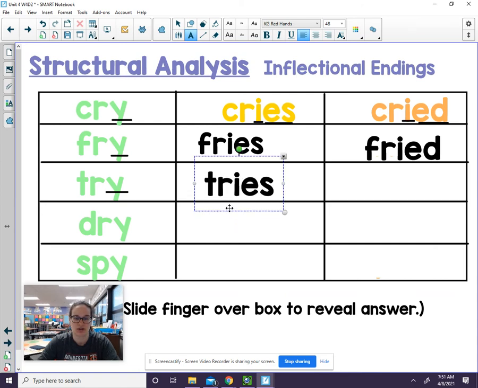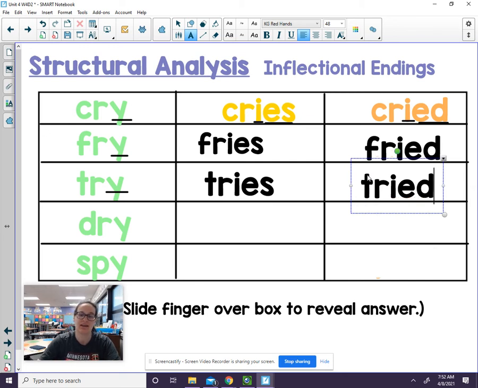So now the word is tries. If we want to make it tried, it's going to be TR. What letter should I put next? It should be an I and an ED. Remember, we're always changing this Y to an I before we add ES or we add ED.